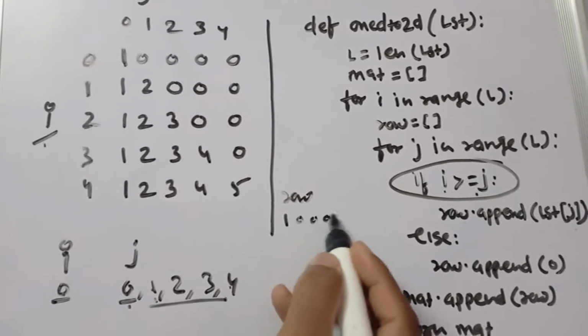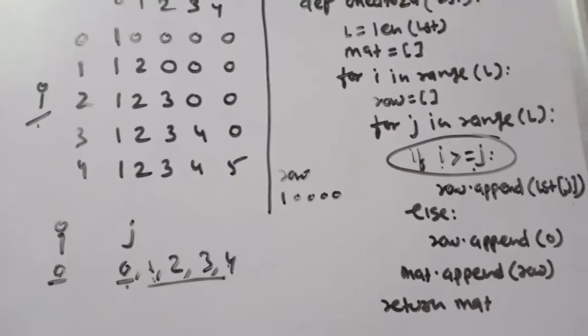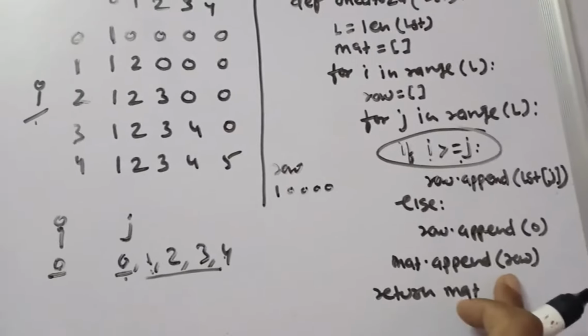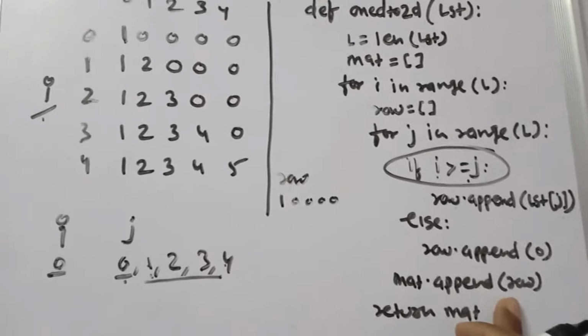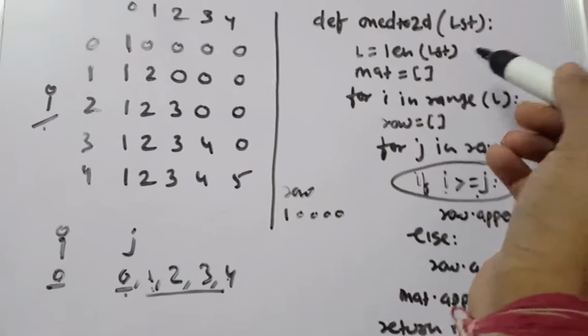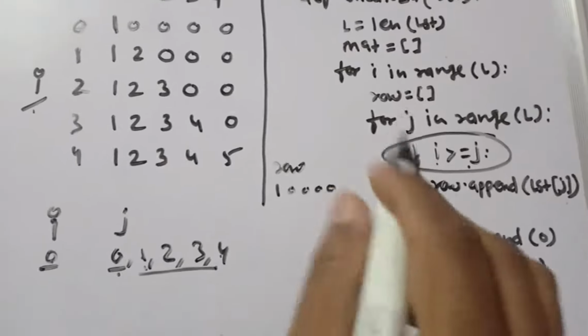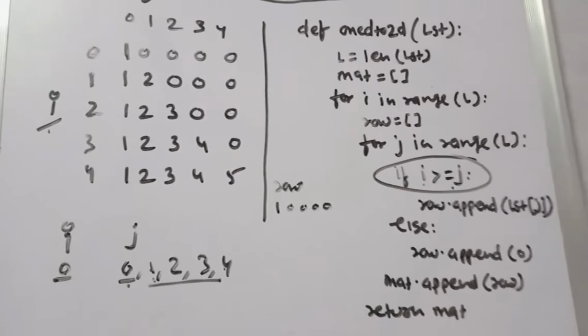So zeros will be placed. This list will be appended into the matrix. A list is created here at this place. This process we have discussed earlier in the previous videos.